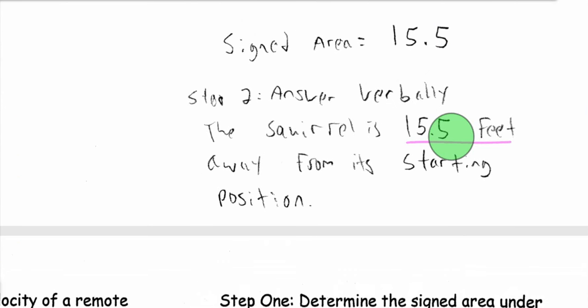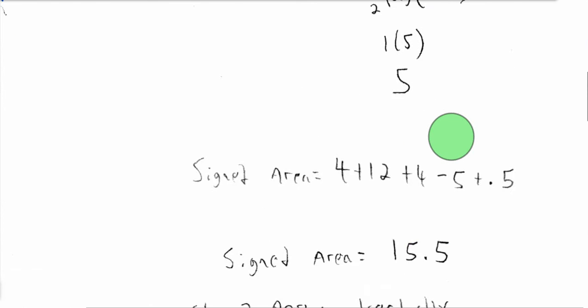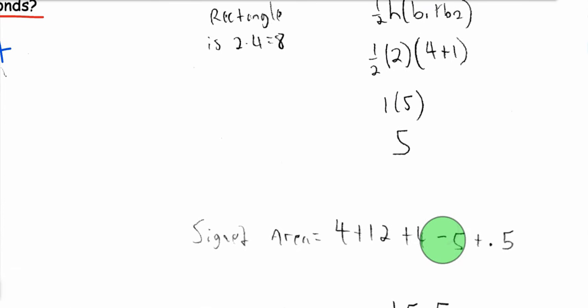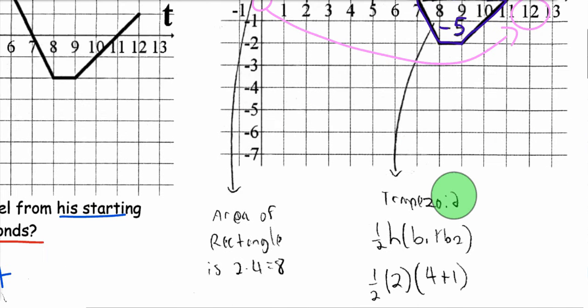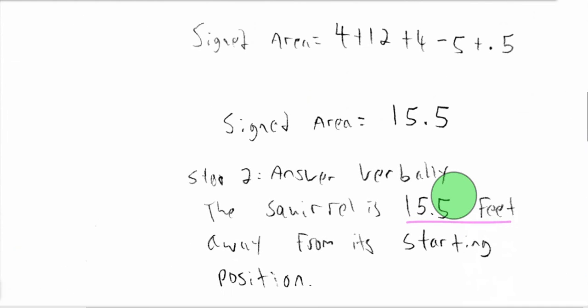Later on, we will address the question of total distance traveled, where the only difference is, instead of making this 5 negative, we would consider it positive, and that would give us the total distance traveled. In this case, I believe that'd be 25.5. All right, that's it for this question of integrating velocity to get displacement, to get the net change. If you have any other questions about this, let me know.